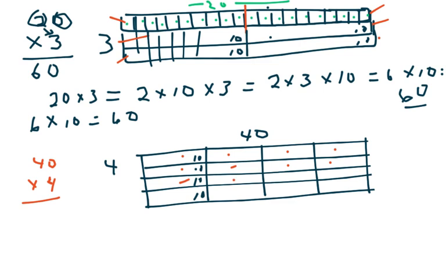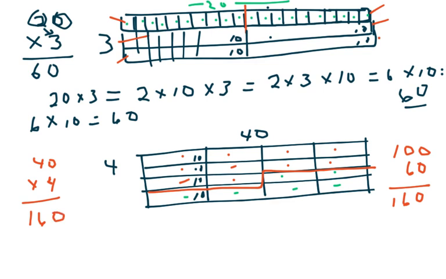Oop, there's 100. So 4 times 40 is more than 100 of them. Let's see how many more. There's 10, 20, 30, 40, 50, 60 more. So the answer is 160.